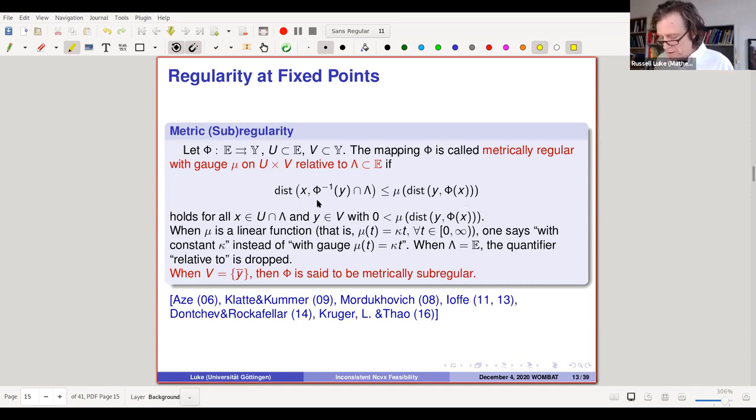If you look at this, this is pointwise Lipschitz continuity, or nonlinear Lipschitz continuity at Y of the inverse mapping of this psi.